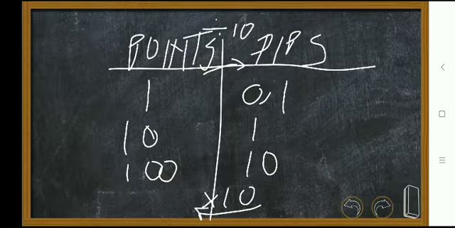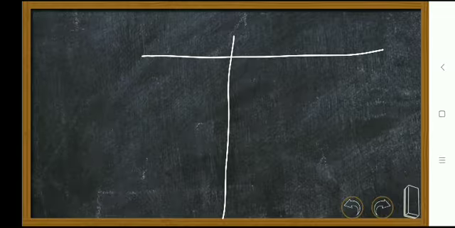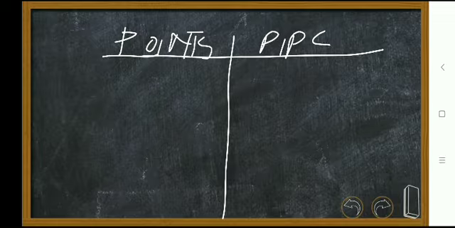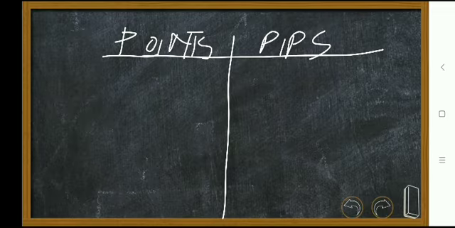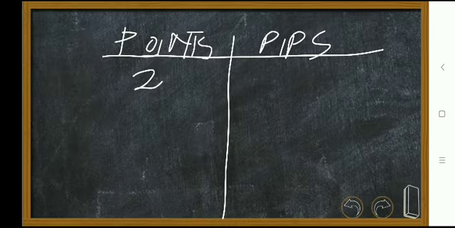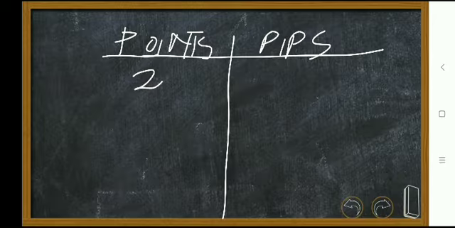Let's make further examples. We have points in here, we have pips in here. Let me just say 2. You can do like the first example whereby you figure out pips.